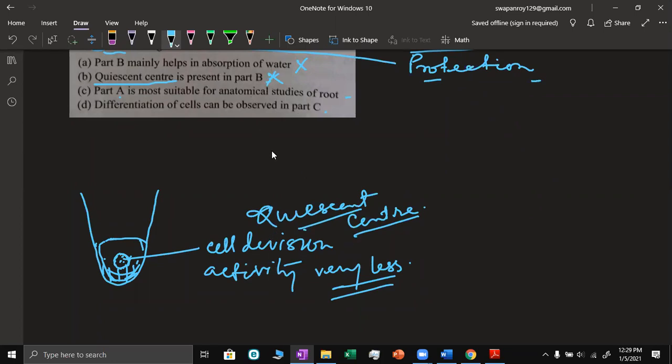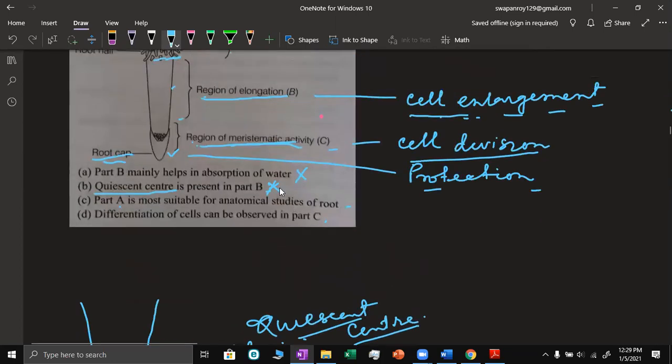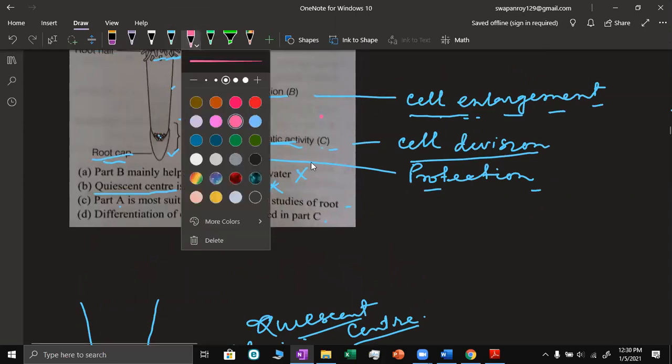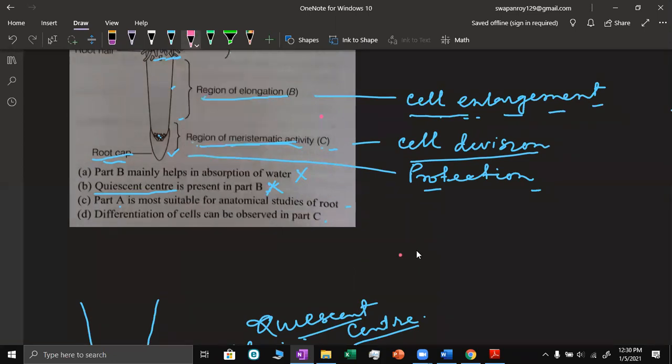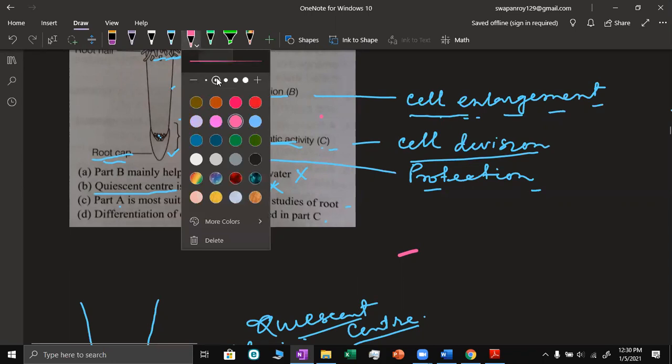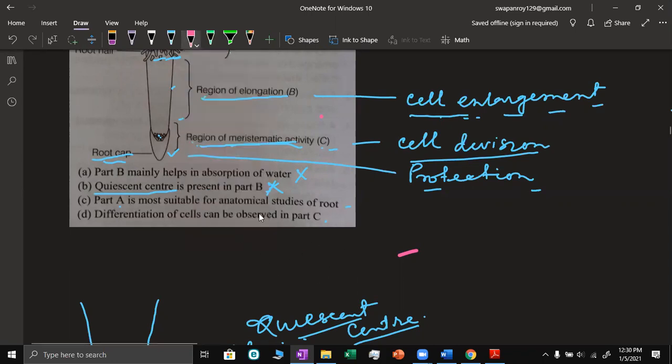Not in B. It will be found in this meristematic zone, so it will be in the C. So this one is again incorrect.